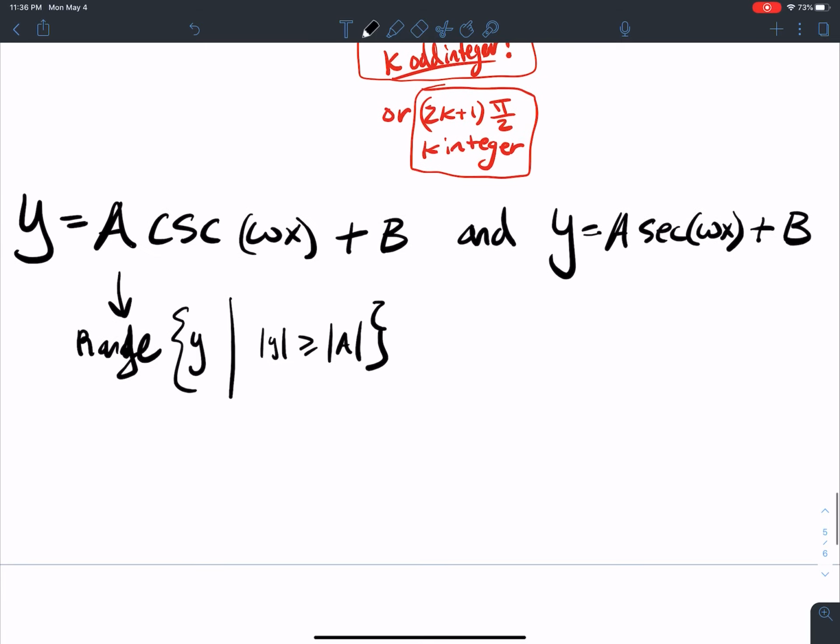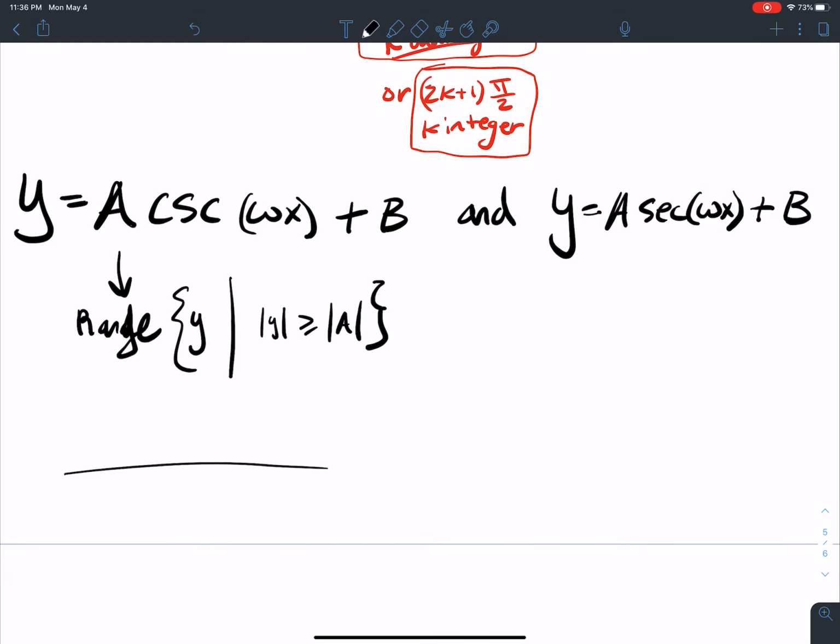Well, if you think about a sine curve, like if I had y equals 2 sine of x, it takes your sine curve, and what does it do? It gives it an amplitude of 2. How do you find your amplitude? The top minus the bottom divided by 2. So 2 minus negative 2 is 4, divided by 2 is 2.